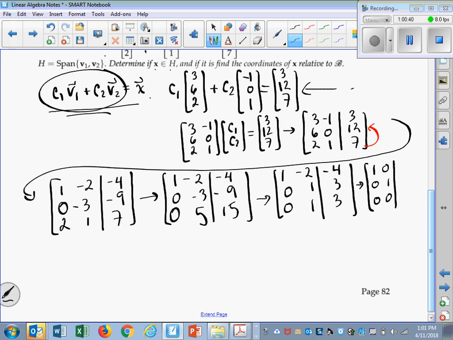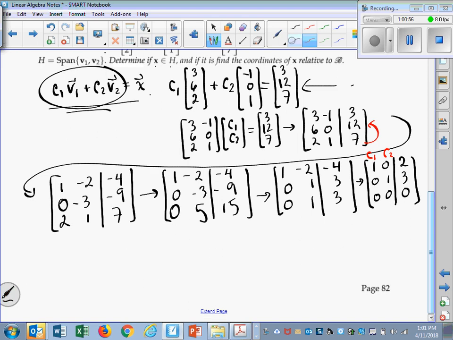So let's say that here. Let's just write x first before we write the b coordinates. So x is equal to 2 v1 plus 3 v2.